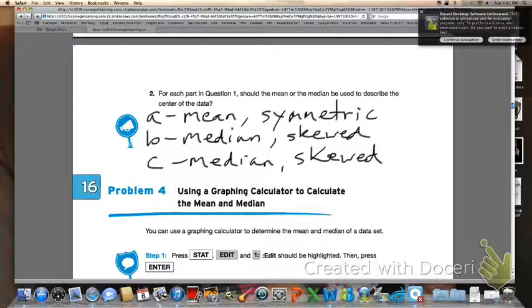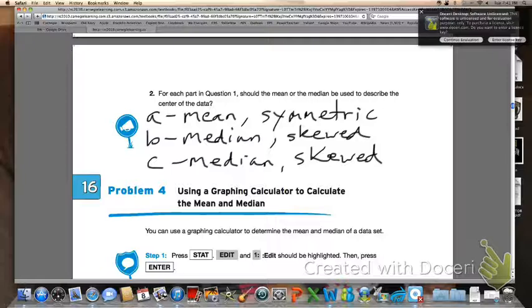If you take a look back at letter A, you're going to want to use the mean because the distribution of the data is symmetric. So that's going to be the best measure of center to use. And for letter B and for letter C, you're going to want to use the median. In both of those cases, the distribution is skewed right. But again, it doesn't matter which direction it's skewed.